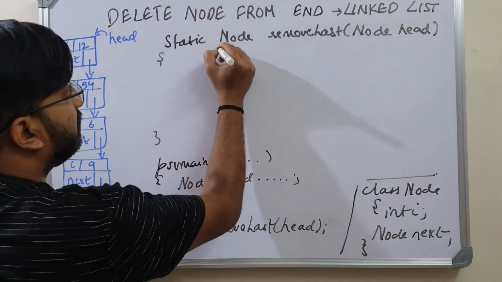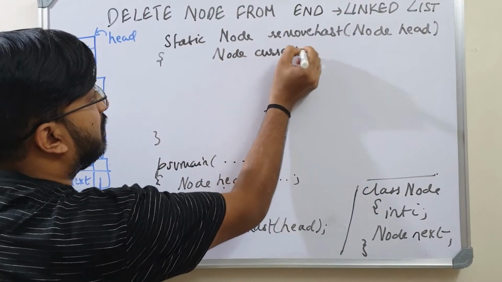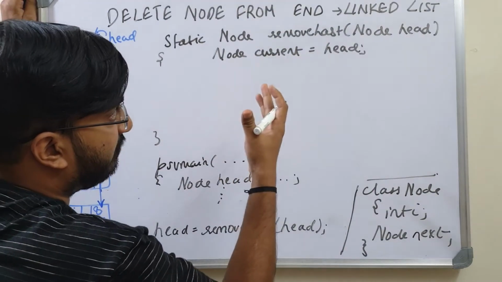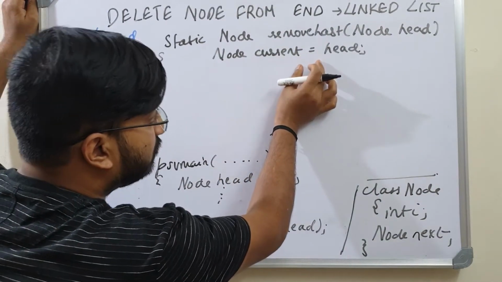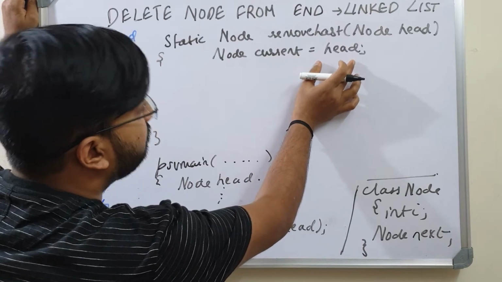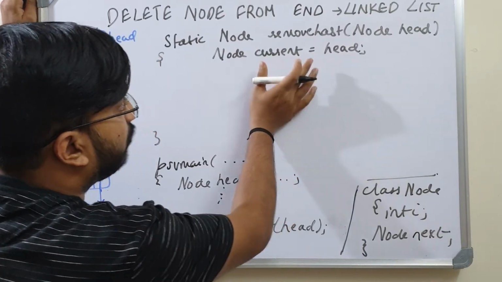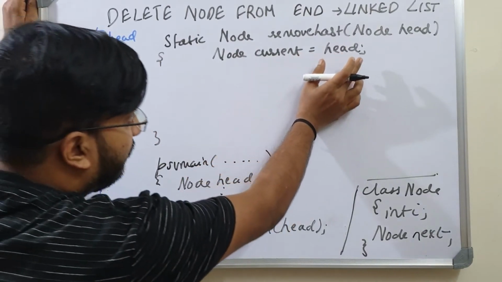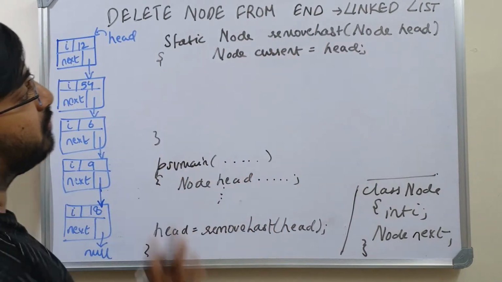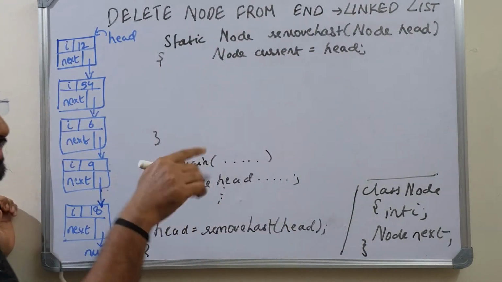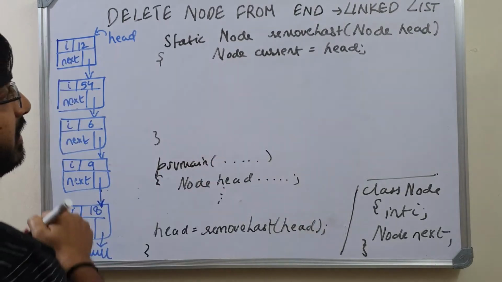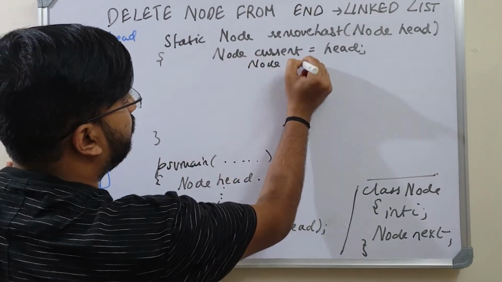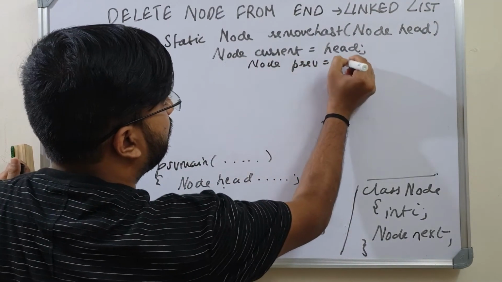So I'll take a variable of type Node, current, and set it to head. As I've told you many times, when you use equals with objects of classes, the reference of the right hand side gets copied to the left hand side. That is, wherever head is pointing, current is going to point to that location. We have current equal to head, and we have to move to the second last node. I'll take another variable, Node previous equal to null.